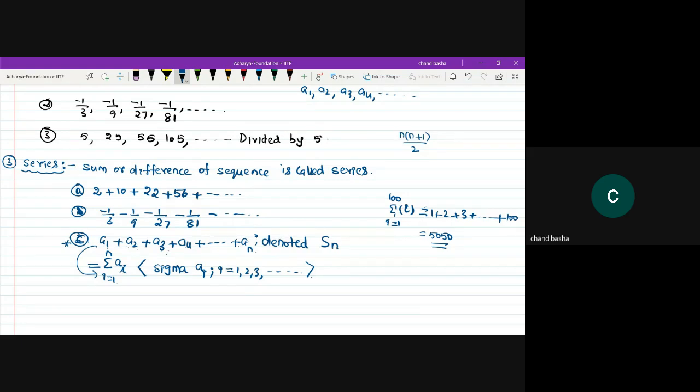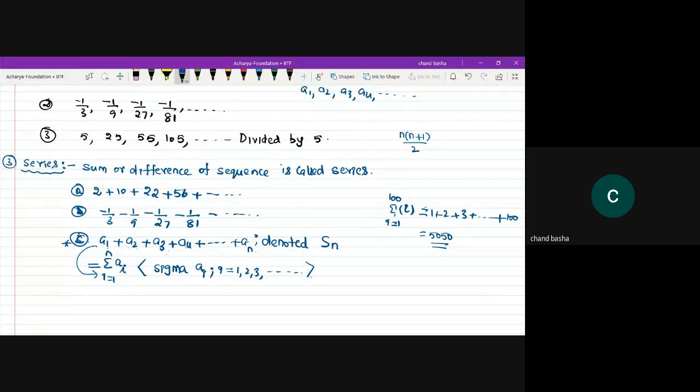Suppose he wants to add 1 plus 2 plus 3 plus and so on up to 100. Don't write like this. You can take the sum of all natural numbers from 1 to 100. What can we write, guys? Sum of all natural numbers from 1 to 100 in words. Sir, what is sigma? It is the continued sum. Instead of writing plus, plus, plus, I can take one notation that is sigma.